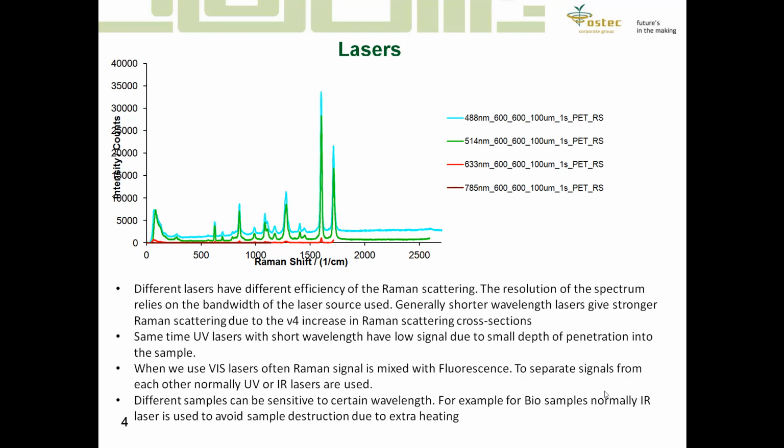The issue is that the shorter the wavelength of the laser, the higher the cross-section of the Raman signal, the higher the efficiency of excitation of the Raman signal, and it is proportional to the fourth order of the excitation wavelength.